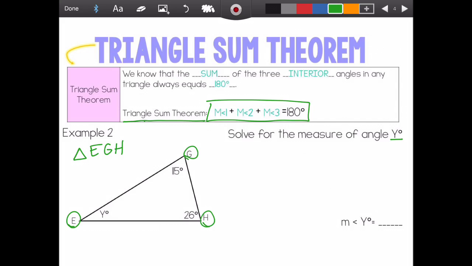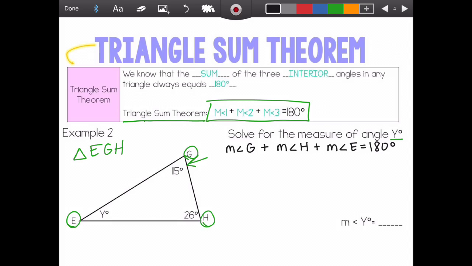Let me erase this and write it a little neater. I'm going to rewrite my equation: the measure of angle G plus the measure of angle H plus the measure of angle E has to equal 180 degrees.